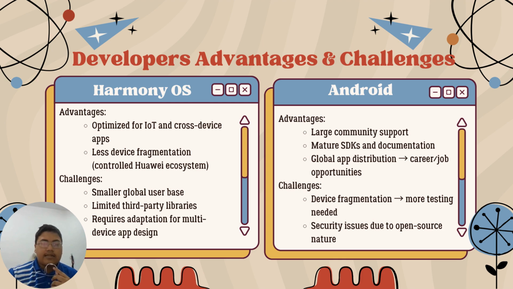However, it has a smaller global user base, limited third-party libraries, and requires developers to adapt to multi-device app designs. Android offers a large developer community, mature SDKs, and global app distribution, which creates more career opportunities. However, developers face device fragmentation.